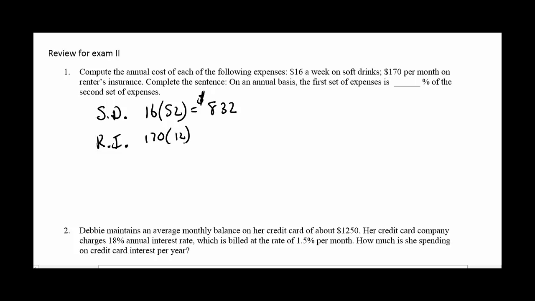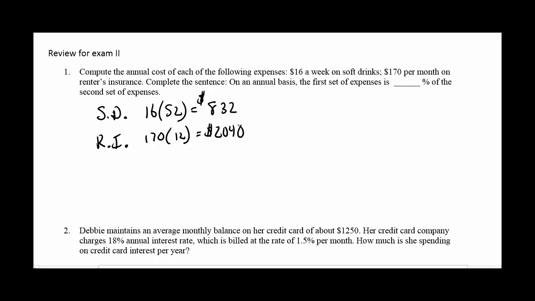And there's 12 months. So multiply those together. So we're spending $2,040. Okay, so that's the first part, is to figure out the annual expenses of these things.